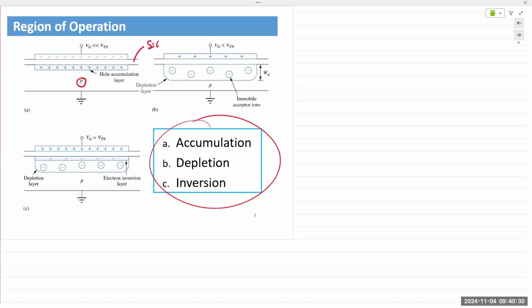Oxide is silicon dioxide, SiO2, and the gate is constructed out of metal. Nowadays, it's not even metal, it's mostly polysilicon. And polysilicon is basically the polycrystalline form of the silicon material.